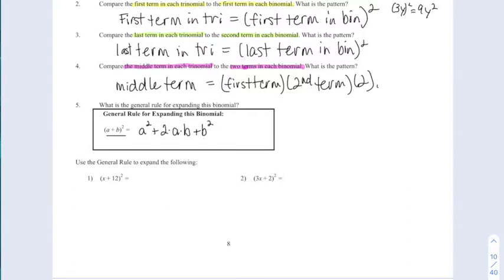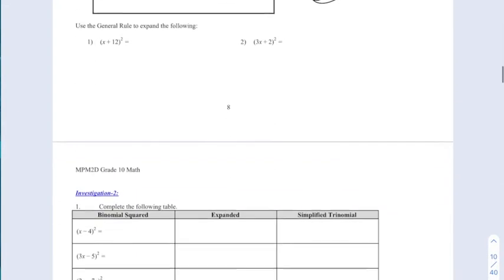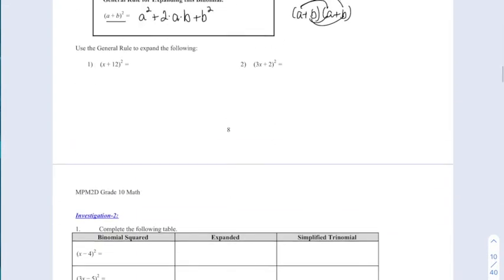So instead of using the distributive property every single time, I can use this pattern as a bit of a shortcut. So let's try one together. Let's just use the general rule and the pattern without actually using the distributive property. So this looks a lot like a plus b squared, and I know the pattern is a squared plus 2ab plus b squared.